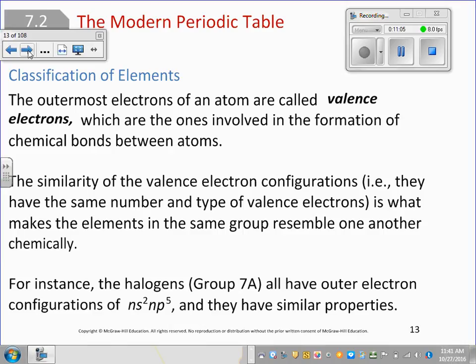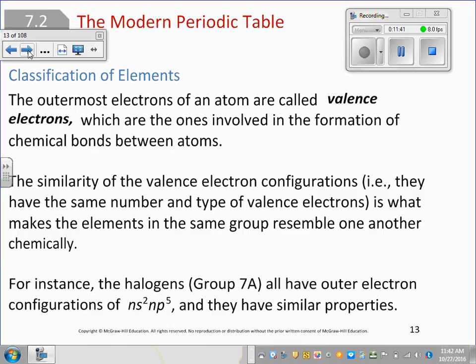Column 3A ends in p1, but we have 2 s's and a p, so how many valence electrons? 3. Column 4, guess how many valence electrons? 4. Column 5, how many valence electrons? 5. Can I keep going? Column 6, 6. Column 7, 7. And column 8, 8.